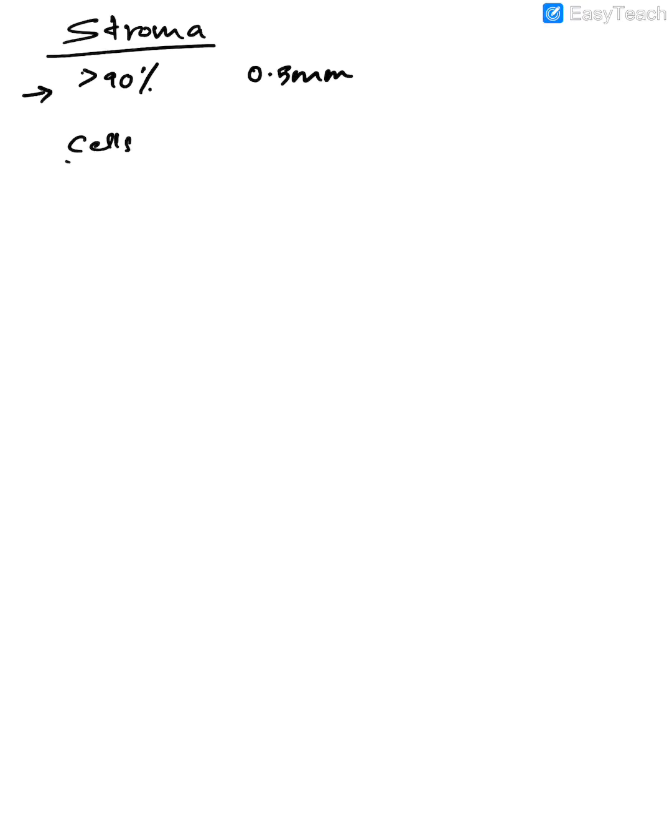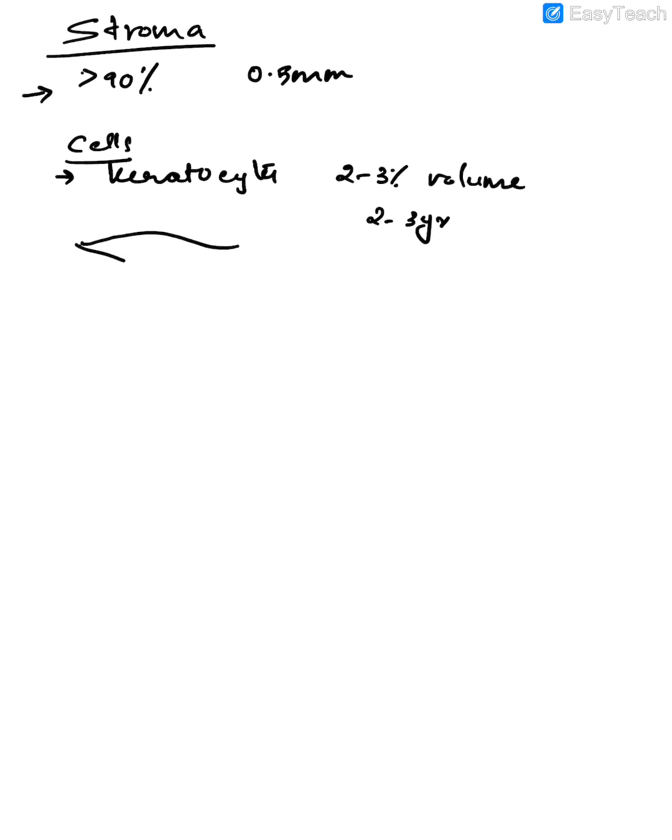The cells are mainly keratocytes, which are basically fibroblasts, and they contribute to 3% of the volume of the stroma, and the cell turnover is 2 to 3 years. They are spindle-shaped cells. There is tip to tip connection of the cells with gap junctions.